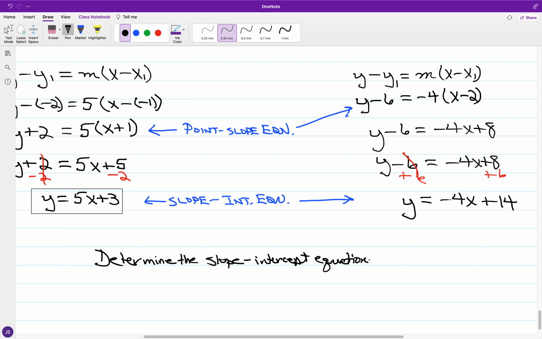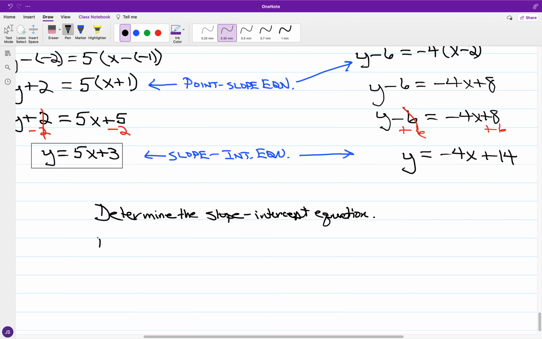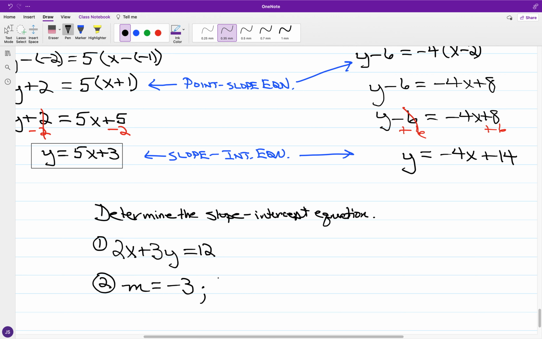If we're looking at determining the slope-intercept equation of the following, let's say we have an equation in standard form where we have the x and the y terms on the same side. Let's say we have 2x plus 3y is equal to 12. And for the next item we'll have the slope given, where the slope is equal to -3, and the point through which the line passes will be at (2, 10).